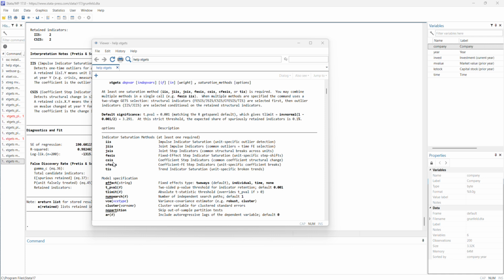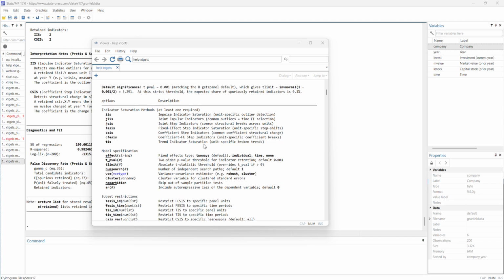Then there is CSIS, which is coefficient step indicators, which looks at the coefficient of the selected variable across cross sections. And then there is CFEIS, which is coefficient FE step indicator, which looks at coefficient breaks across time. And then there is a time indicator, which looks at whether there is a time break in the data. So we will do multiple.